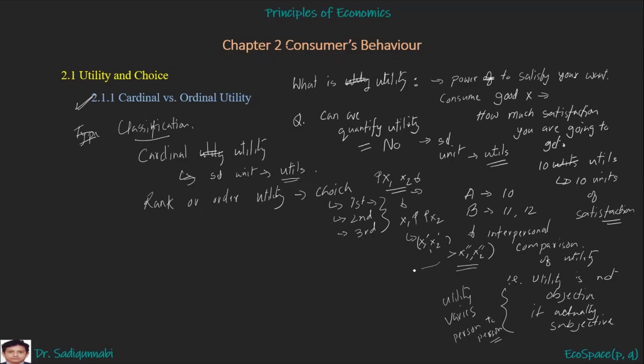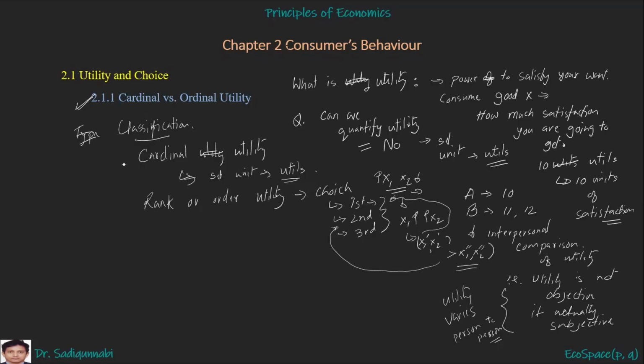So you can call this the second order, and that one is first order. So we can rank the combination of goods and services. So in that case, we are not going to take utils as the unit, but we can rank them.